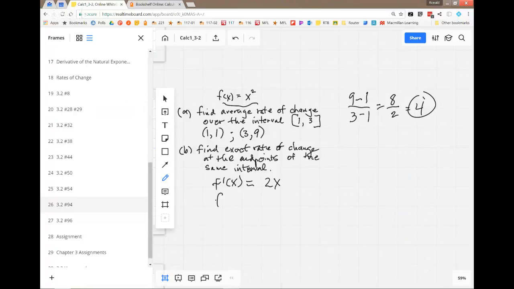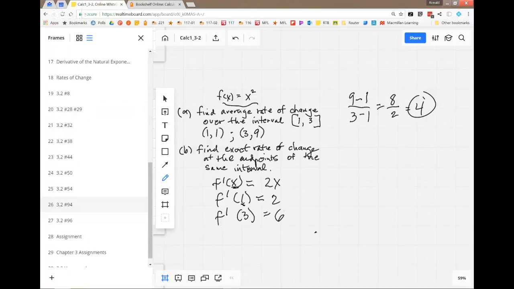Now, what's the derivative at the first endpoint? 1. And again, what you plug in here, as you can see with the x there, is the x coordinate. What's f prime at 1? 2 times 1 is 2. What's the derivative at the second endpoint when x is 3? 6.